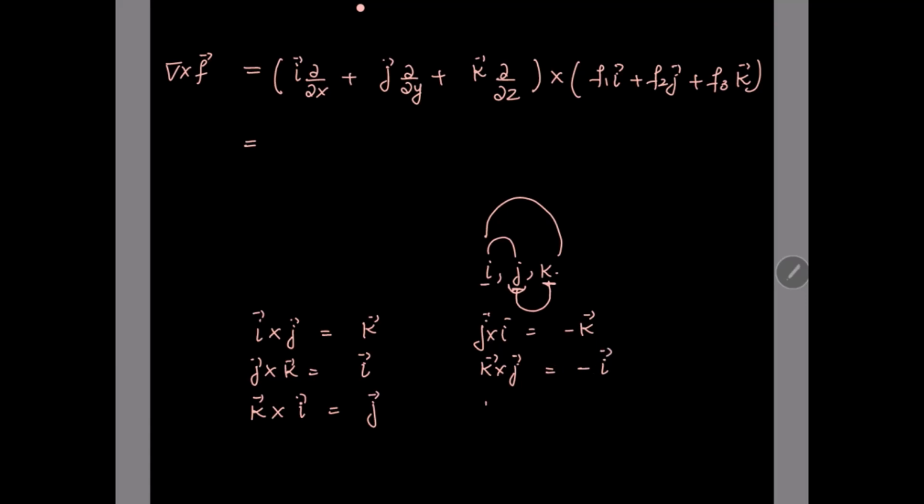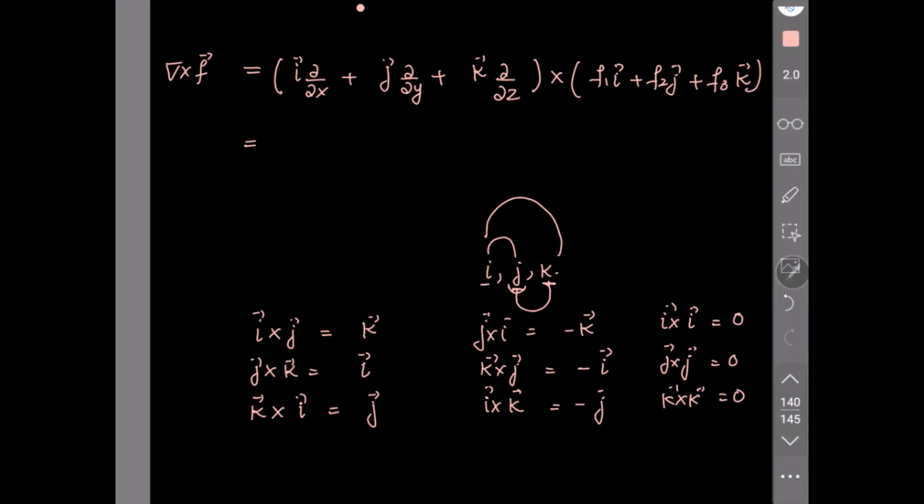Then i cross k, this will be minus j. And if I am having the same cross product, this will be 0. j cross j will be 0. k cross k is 0. Are the properties clear to you? This you already know. Alright.